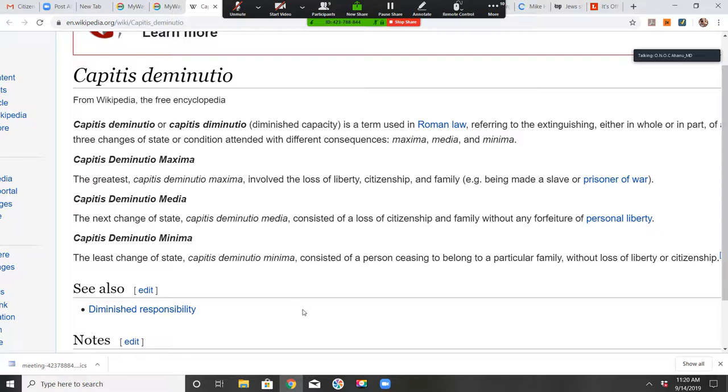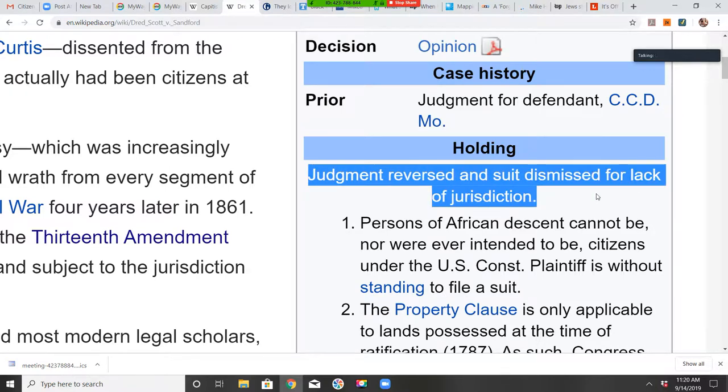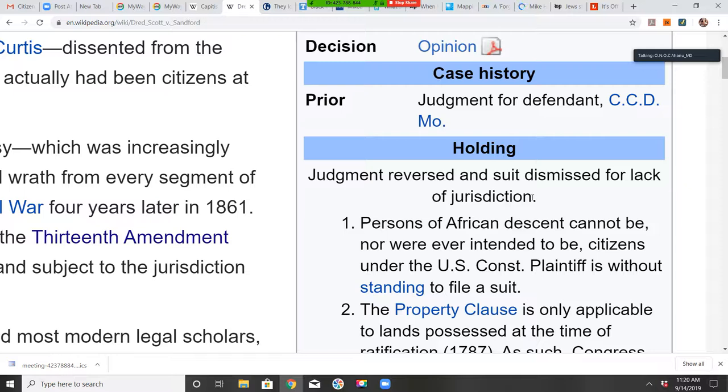you have to be a citizen in order for the Supreme Court to decide anything that matters to you. Okay? The Dredd Scott showed that persons of African descent, blacks, are not citizens. Okay, that's number one. The first part, when they say the suit was dismissed for lack of jurisdiction, they're saying that the Supreme Court does not have jurisdiction over non-citizens.